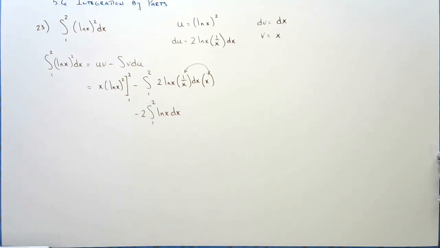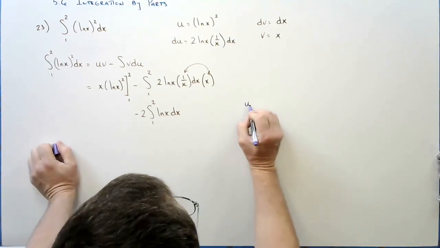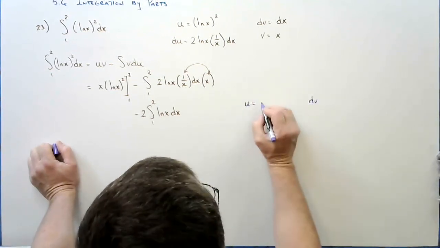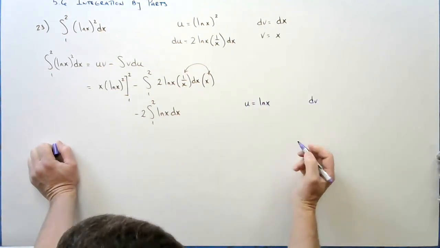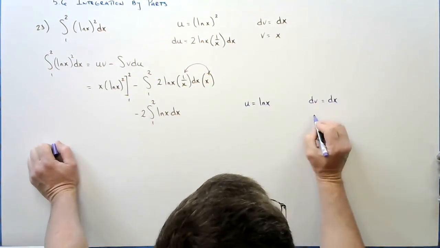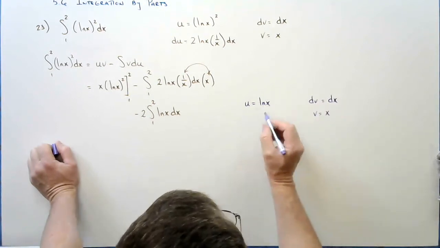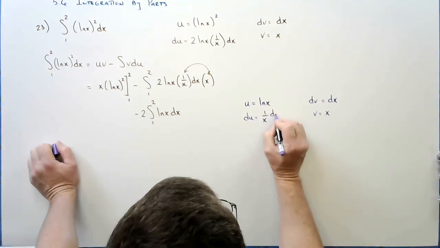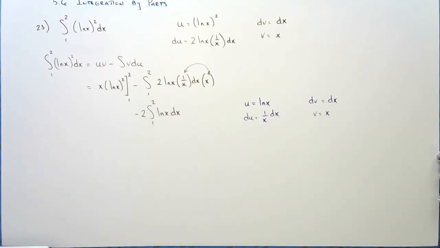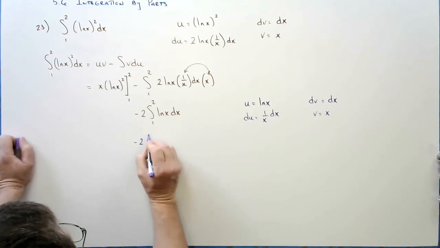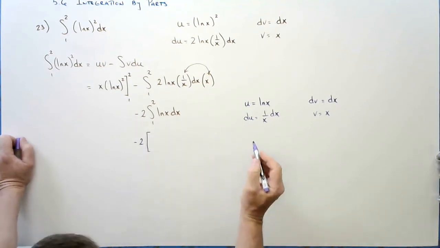We'll go ahead and change colors here because we're doing a different component. So here, remembering the same thing we set up here, the only place we can put the natural log is right there, because we can't take the integral of the natural log, which means dx goes here. That gives us v is x. The derivative of this, of course, is 1 over x dx. We just have to trust that it's going to work. So we're going to get minus 2 times uv.